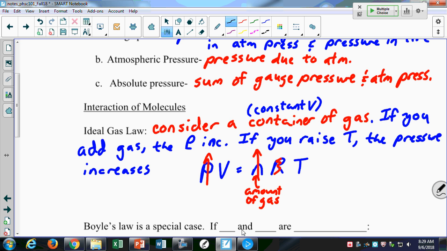We'll get to that. If I make T go up, then the pressure goes up. Or if I have a container of gas, keep the volume constant, but increase the pressure, then the temperature will go up. So we have these relationships between the variables in this equation.